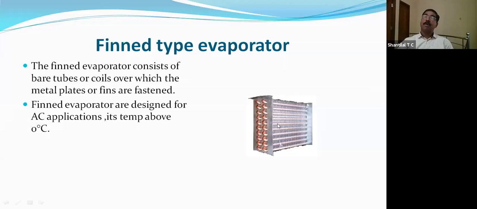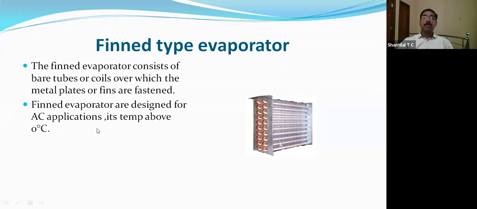When this warm air passes over the coil, the evaporator coil absorbs heat from the air and the air is cooled. The cold air is circulated with the help of the fan.